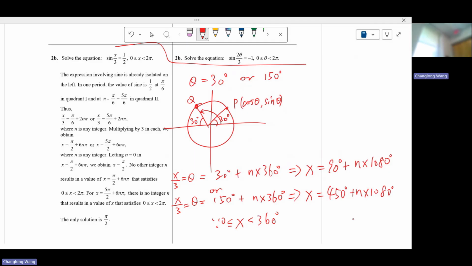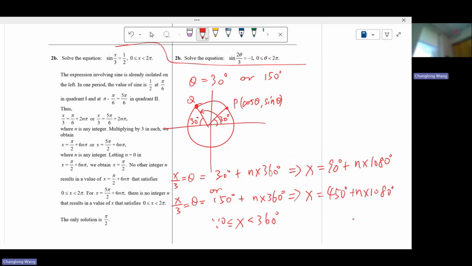You're going to have to go with some number of n to make sure that works out. So you come over here and say, can I take n to be 0? 0 added to 90, so 90, which is good, right? What about this guy? n equal to 0, 450, too big. What about n equal to 1? You're adding 1080 to 90. Wow, that's even worse, right? What about n equal to negative 1? No, right?